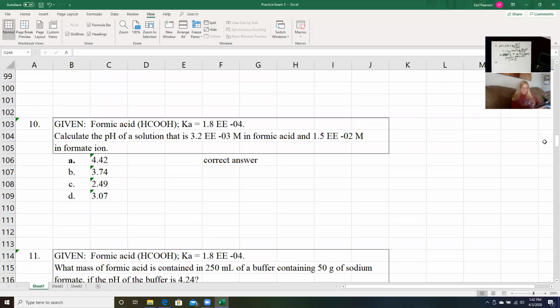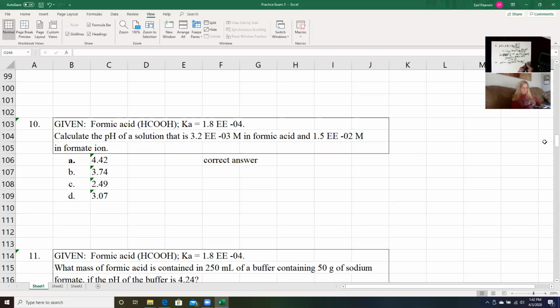Calculate the pH of a solution. It's 3.2 times 10 to the negative 3 in formic acid, and 1.5 times 10 to the negative 2 in formate ion. Well, that should be even easier. It's just pH is equal to pKa, which is minus log of 1.8 times 10 negative 4, plus the log.